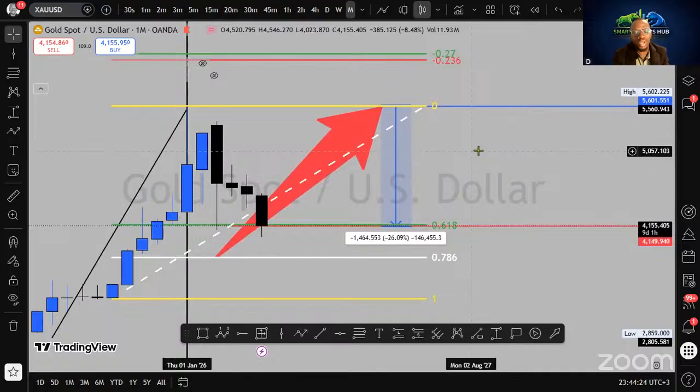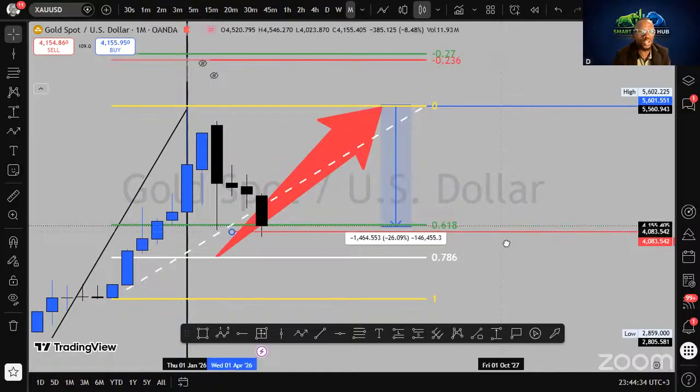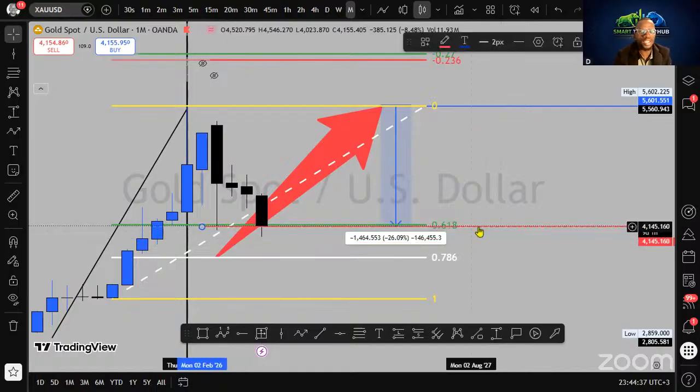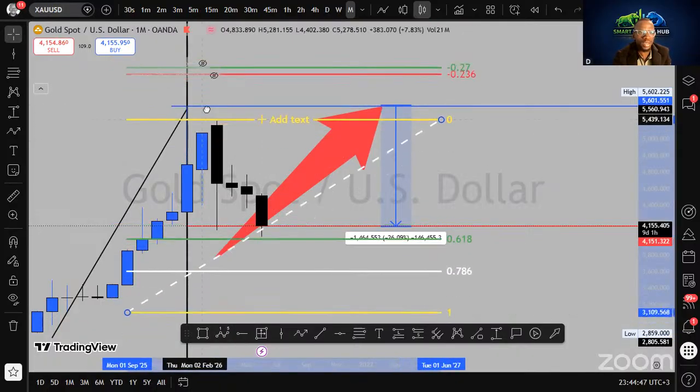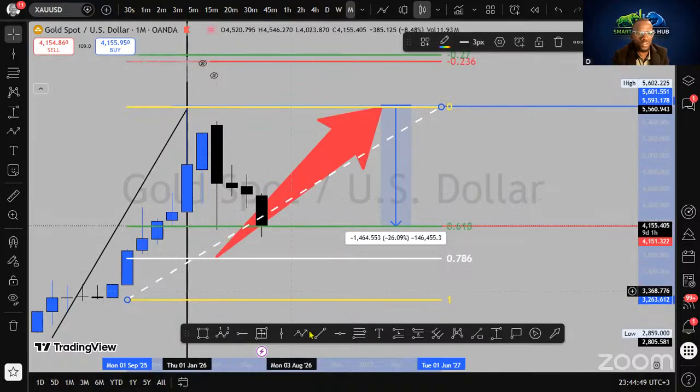If you look closely, and I think you know about this, we talked about this level the other week. This was the 618. It was a crucial area. This is the golden ratio area, where the first time price came down, we got a very huge rejection from that area.